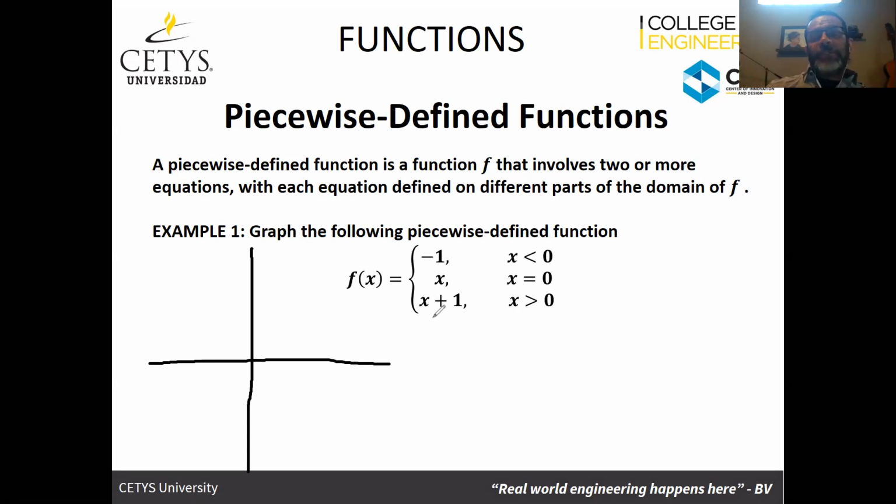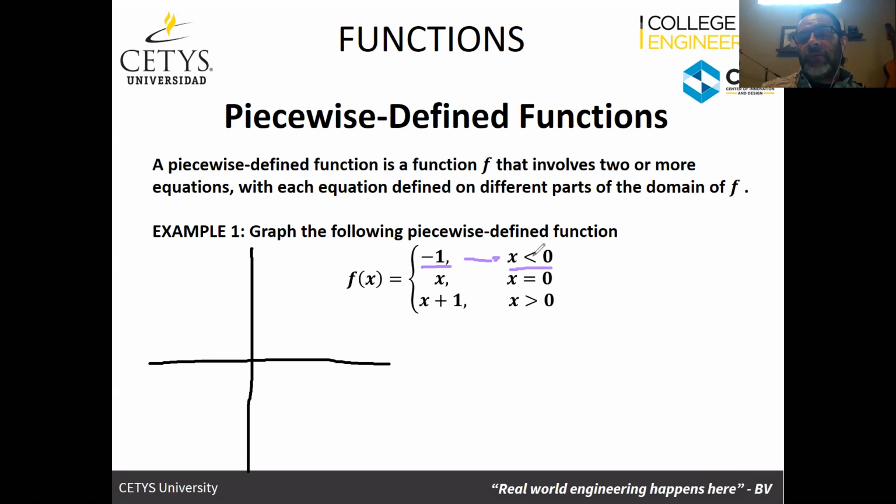So how do we represent this piecewise function? Well, first we look at the ranges and we look at the values. I'm going to draw this in different colors just so we can understand it. What's the first thing we have here? We have a -1. And that -1 is going to occur for all of the values of x that are less than 0.